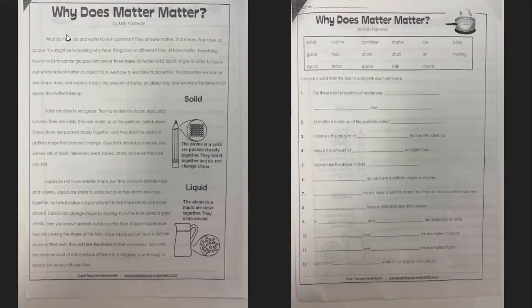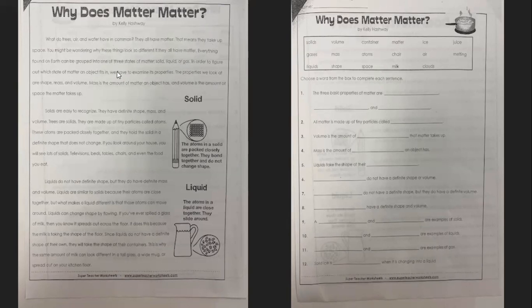Why does matter matter? What do trees, air, and water have in common? They all have matter. That means they take up space. You might be wondering why these things look so different if they all have matter. Everything found on Earth can be grouped into one of these three states of matter: solid, liquid, or gas.